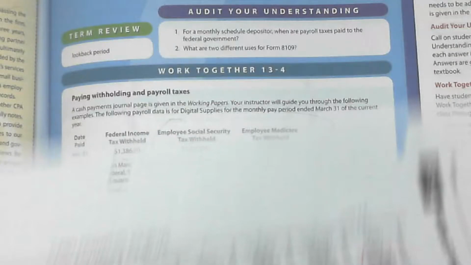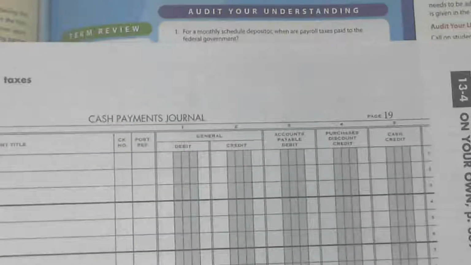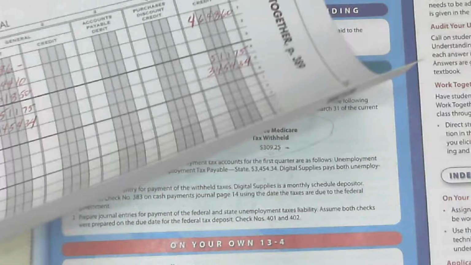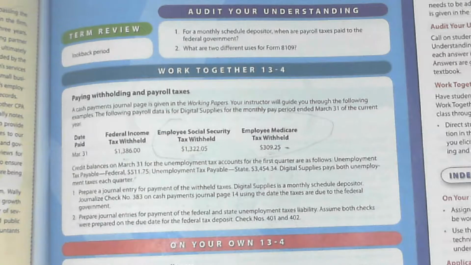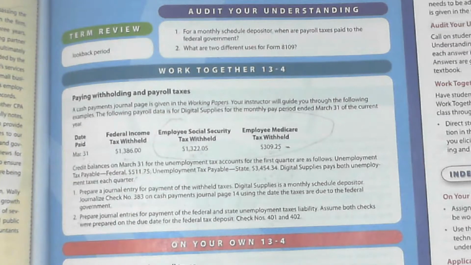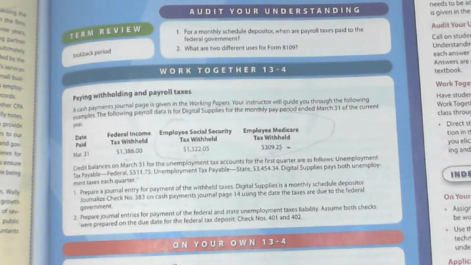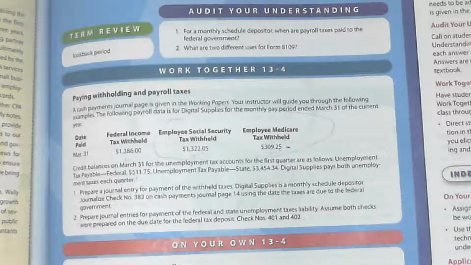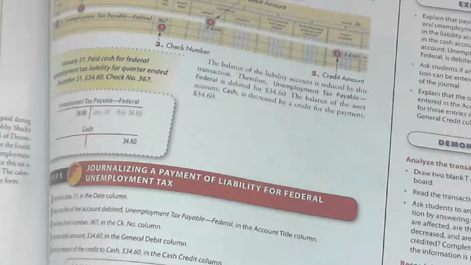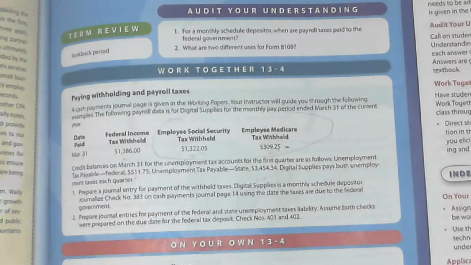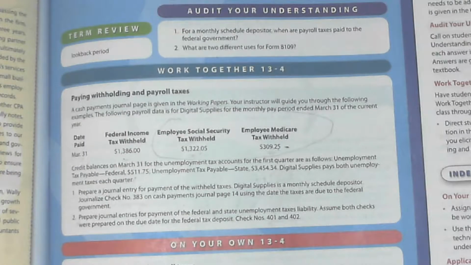Just going to do the same thing for the on your own. Pretty easy peasy for this one, a lot easier than the tax form. We look through the on your own one, make sure there's not a curveball in here somewhere.